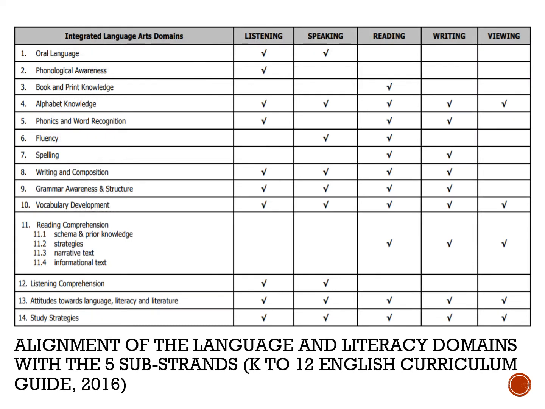The 14 language and literacy domains in the Integrated Language Arts curriculum are laid out and aligned within the five substrands as shown in this matrix. For example, as you can see here, alphabet knowledge is being aligned to listening, speaking, reading, writing, and viewing.